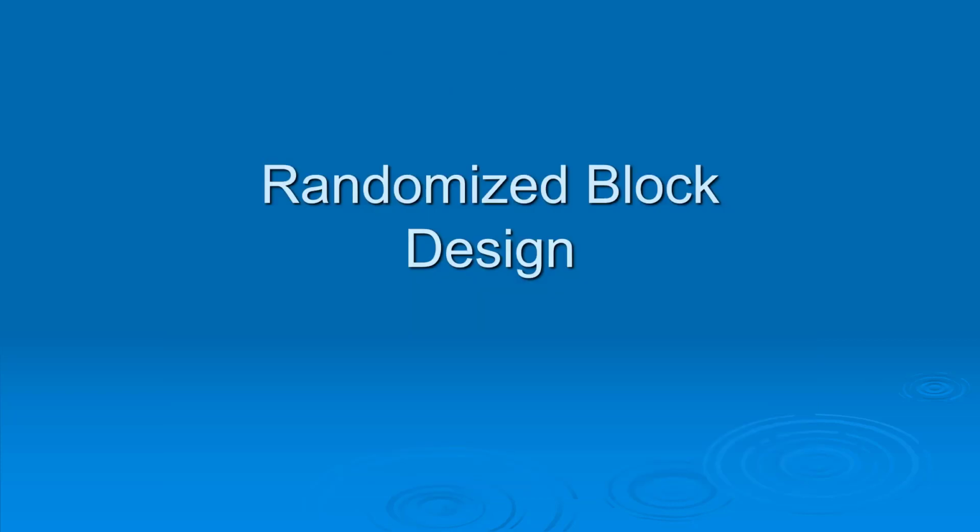Let's look at another type of study design, randomized block design. The randomized complete block design was developed about 1925 by R. A. Fisher, who was seeking a method of improving agricultural field experiments.